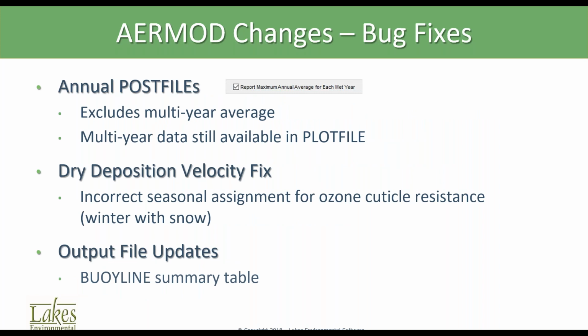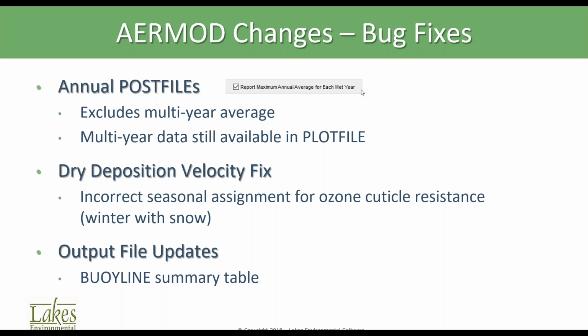Additional bug fixes include the annual post file. You may remember this, users of AERMOD View, as the report maximum annual average for each MET year option. That's on the control pathway. It's been enabled since the 15181 AERMOD executable.